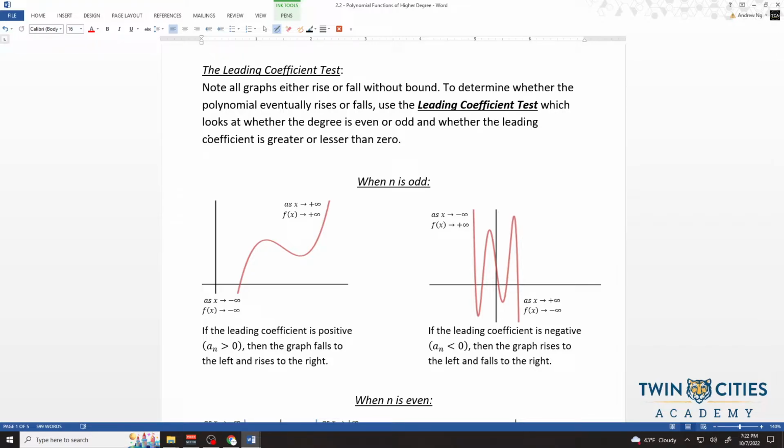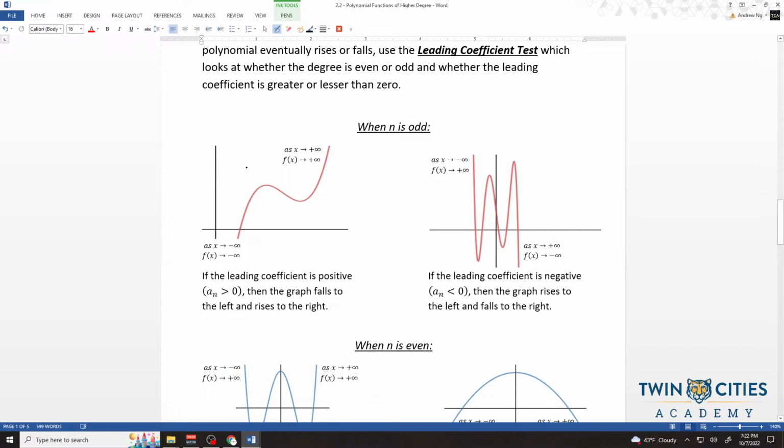So when n is odd, this means when the highest power is odd. This is x to the third, x to the fifth, x to the seventh, x to the ninth, and so forth. If the leading coefficient is positive, meaning that I've got maybe 3x to the third, or 3x to the fifth, or 3x to the seventh.